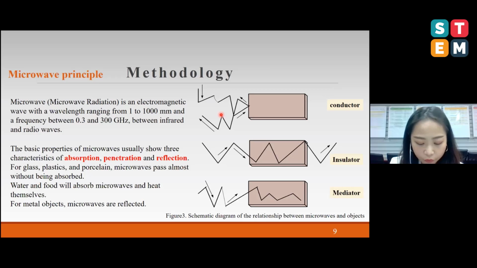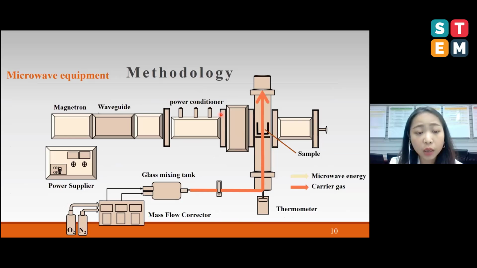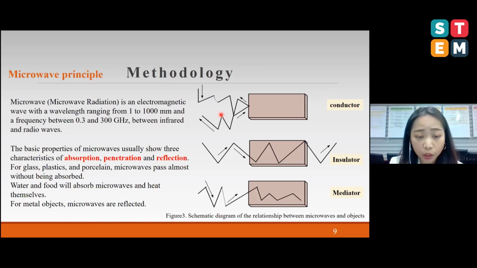Microwaves have three different characteristics with different materials, namely absorption, penetration, and reflection.